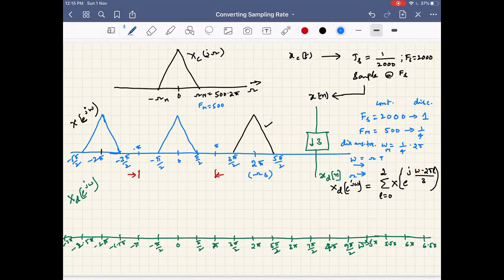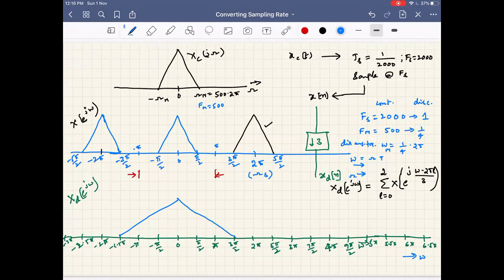So you can see in xd of e power j omega there is a stretch, or an expansion by 3 times. So minus pi by 2 to plus pi by 2 goes to minus 3 pi by 2 to plus 3 pi by 2. This is the first spectrum, right?